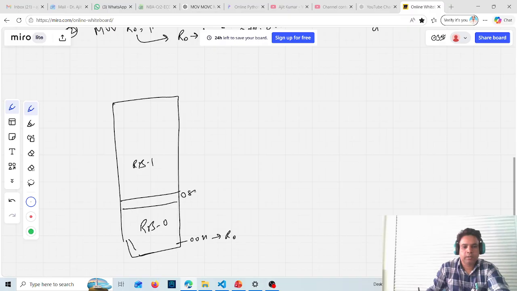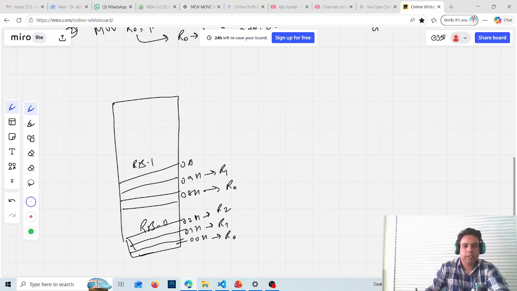It is 08H. The 08H address is also assigned to R0. Similarly, address 01H is assigned to register R1, and address 09H is also assigned to register R1. Similarly, 02H is assigned to R2, and here the next address is 0AH, which is also assigned to R2.